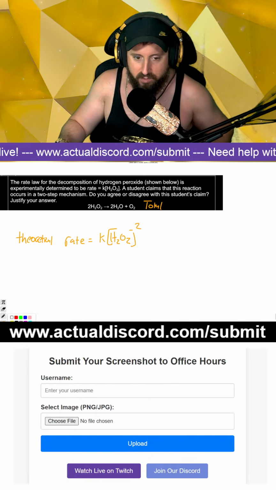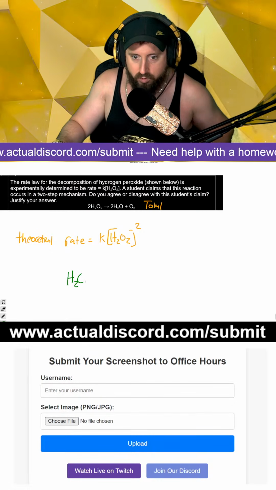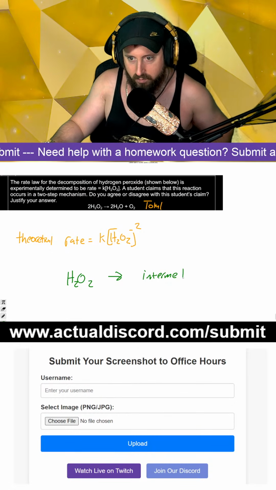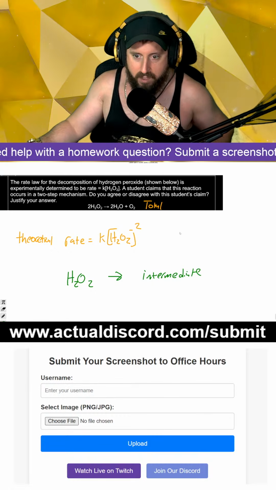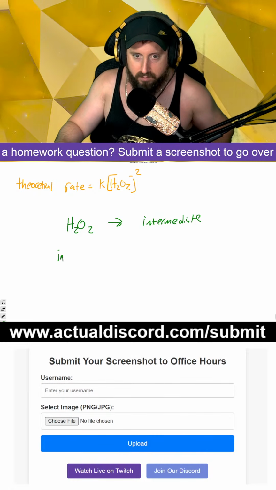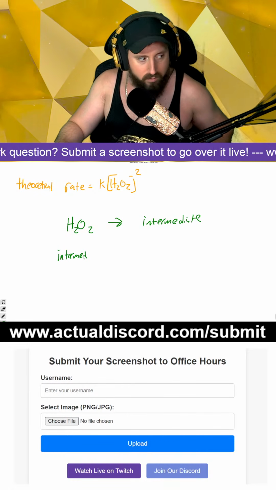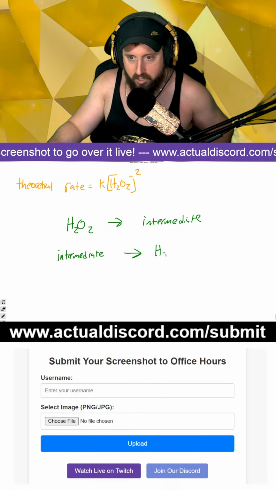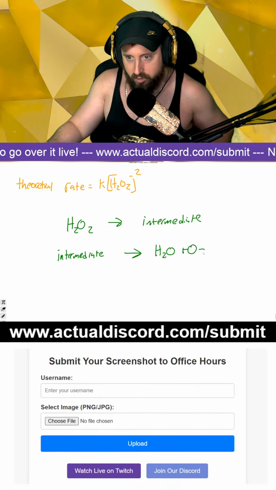So usually what that means is that you would have H2O2 going to some intermediate here, and then this intermediate would then be going to H2O plus O2.